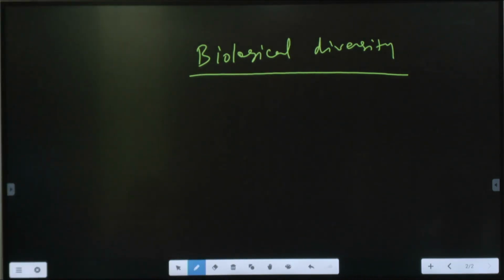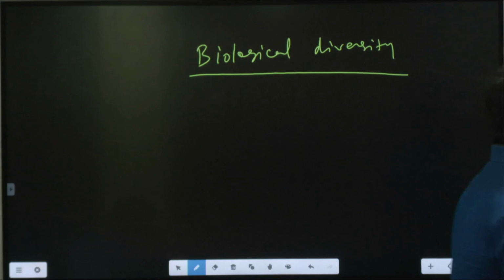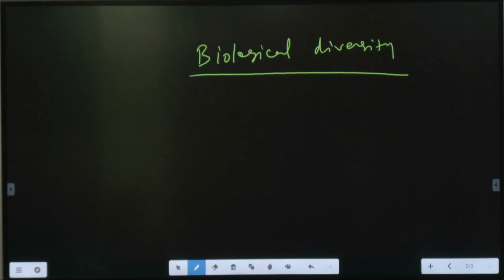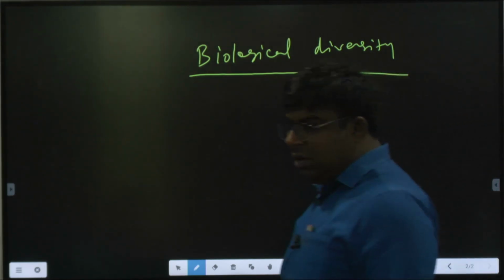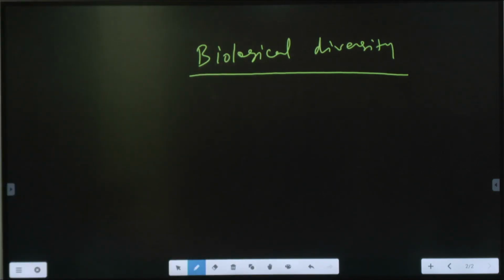If we try to explore various dimensions of biodiversity of Earth, it is a very complex subject of research and observation.